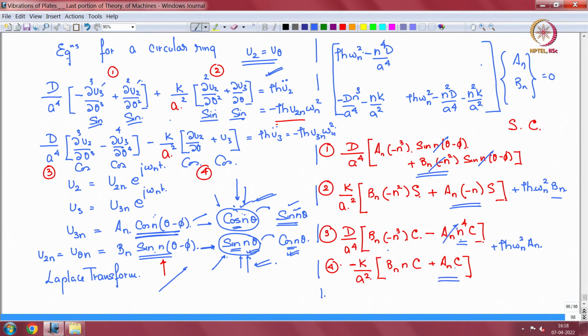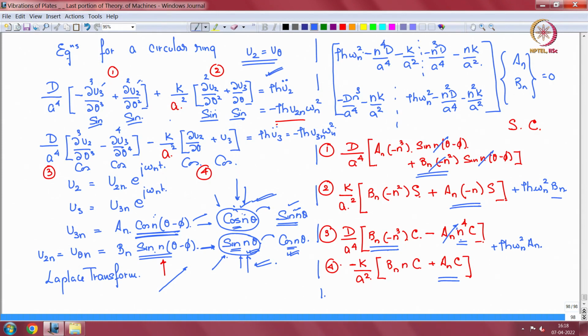Then minus k by a square. Then for the B I get minus n cube d by a4, then from here minus n k by a square. So there is a separation here. Okay, so this is what I get now.